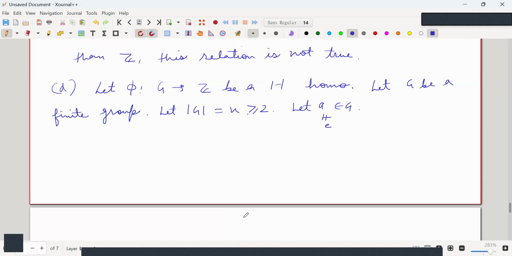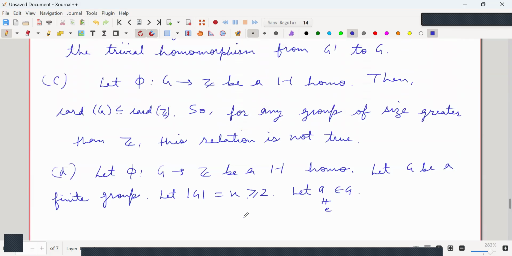For onto, you can do this with the cardinality argument again. If it is onto, then the direction will reverse, right? Cardinality of G is greater than or equal to cardinality of Z, so it's infinite. That's fine. For onto, it's easy. Once you have an onto homomorphism, this direction will reverse.